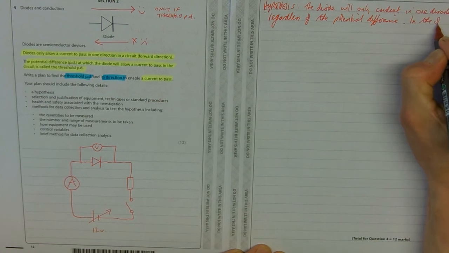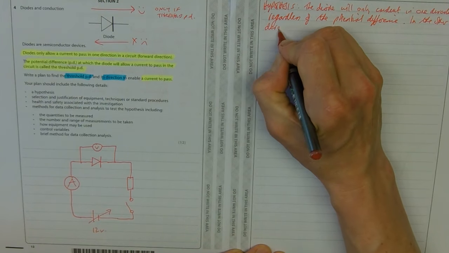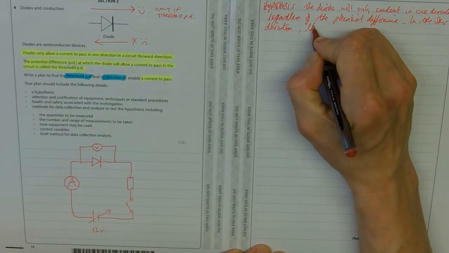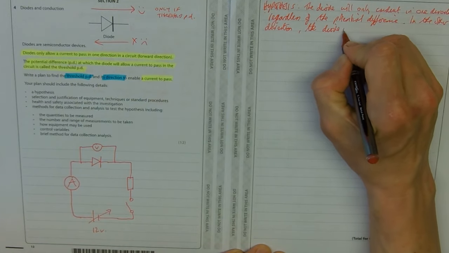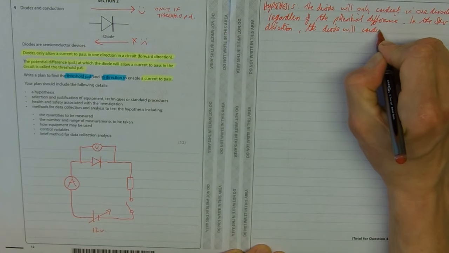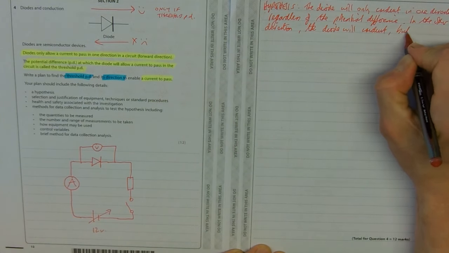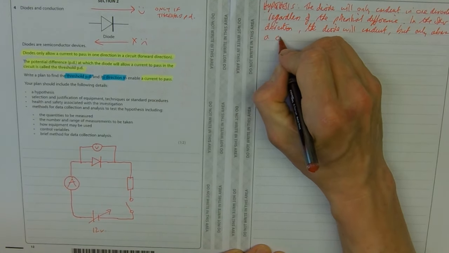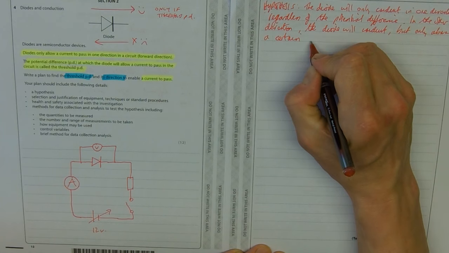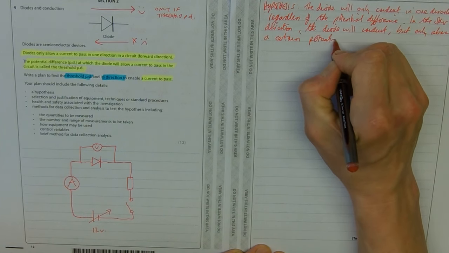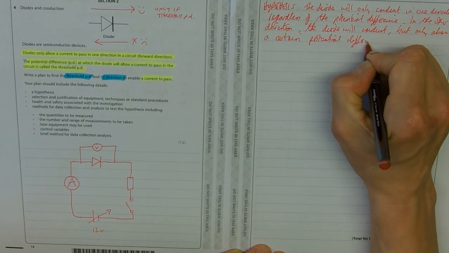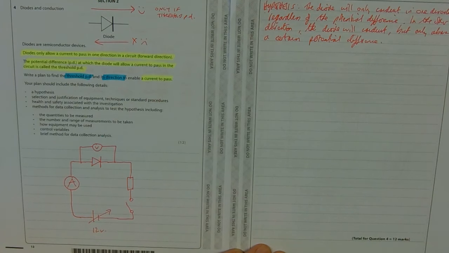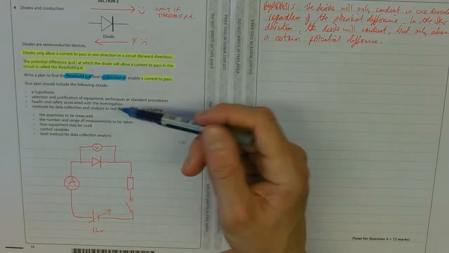In the other direction, the diode will conduct, but only above a certain potential difference. So that's our hypothesis. And then we are selecting and justifying our equipment.